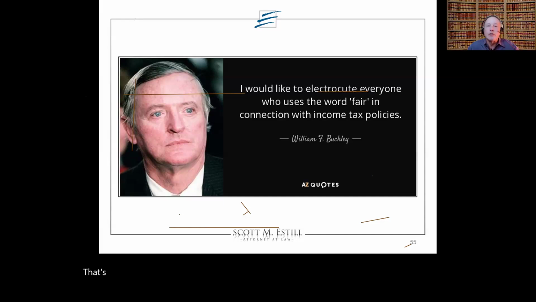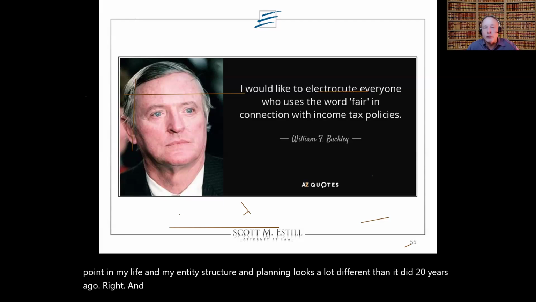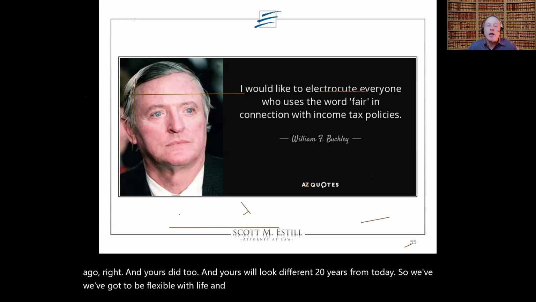So you just have to look at it as this is a snapshot of who I am at this point in my life. And my entity structure and planning looks a lot different than it did 20 years ago, right? And yours did too, and yours will look different 20 years from today. So we've got to be flexible with life and with the different changes that we have.